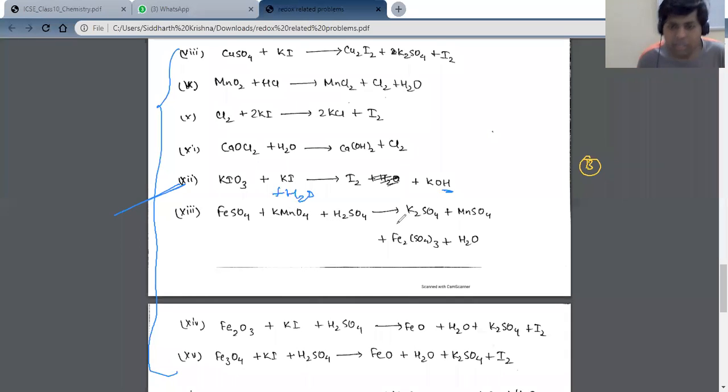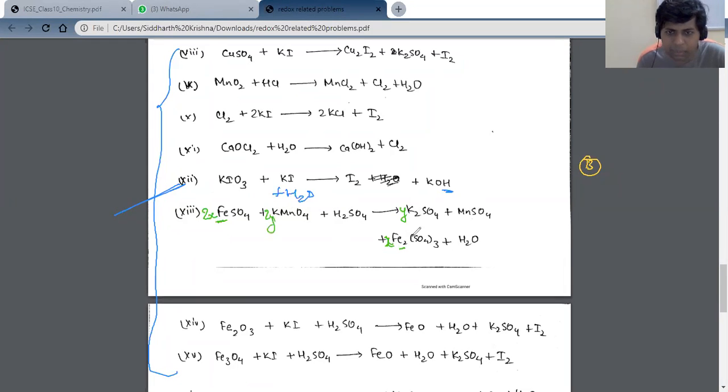Okay, so let us say we take this as x. Because if you take this as x, then Fe will be 2x this side, and the only source of Fe is this one, so this will be 2x. Only source of K here is this one, so if you take this as y, this will be 2y.